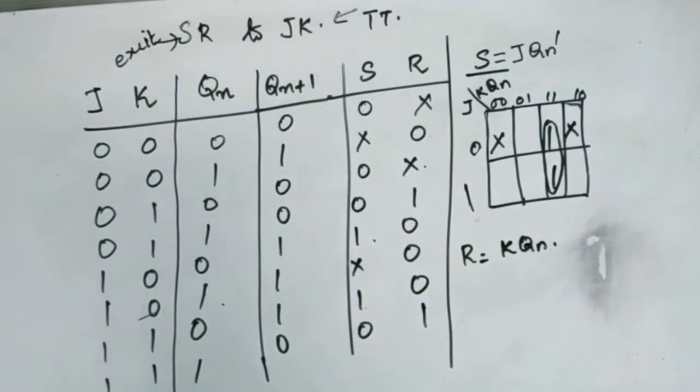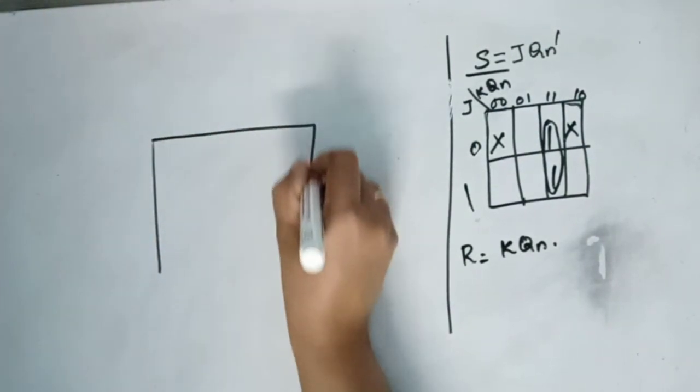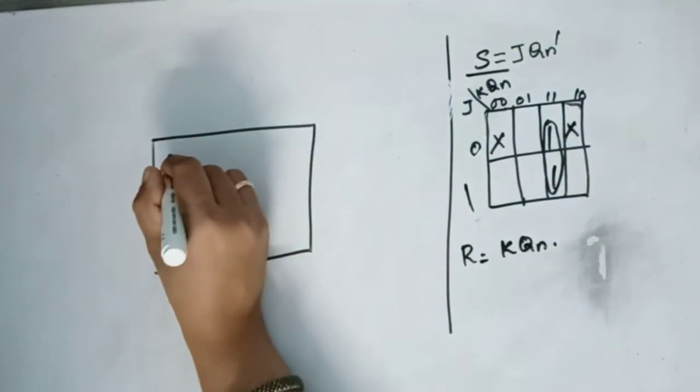Now after getting the equations for SR, we'll draw the block. So how do you draw the block? What we have in our hand is SR flip-flop. That is SR to JK.